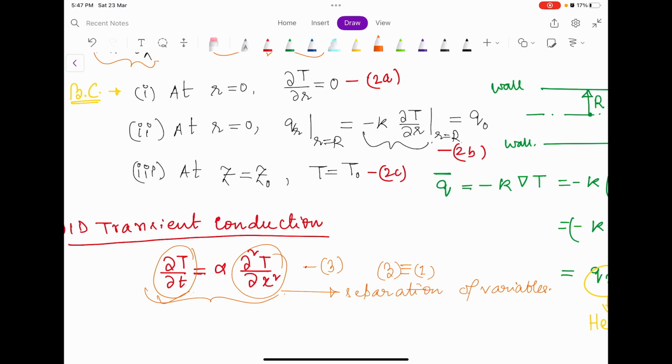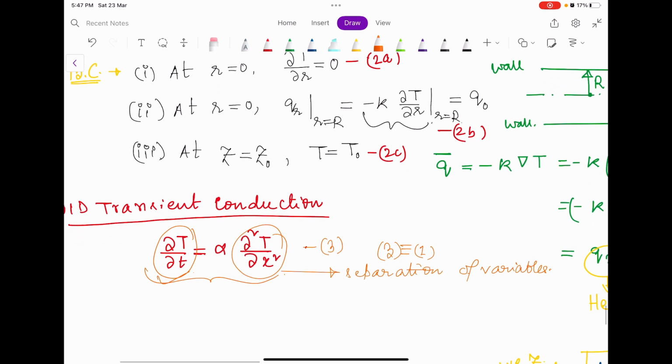And what are those conditions? You should have, obviously, a second order equation in space and first order in time.